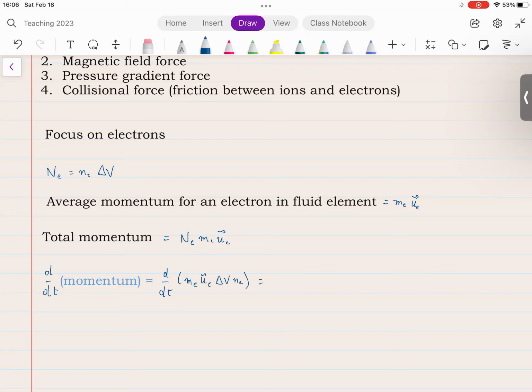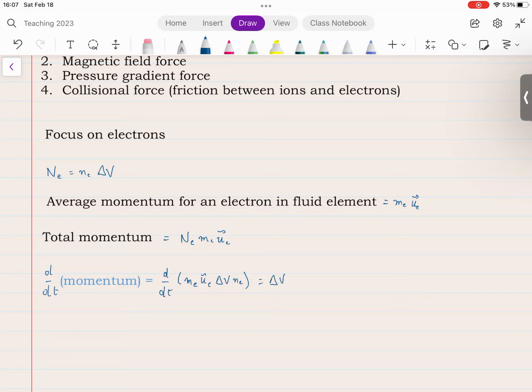And then I can take outside, for sure, the mass of the electrons. That doesn't depend on time, but also from conservation of mass, the product n_e times delta V, which is capital N_e, is a constant. Its derivative with respect to time is 0. So that also comes out.